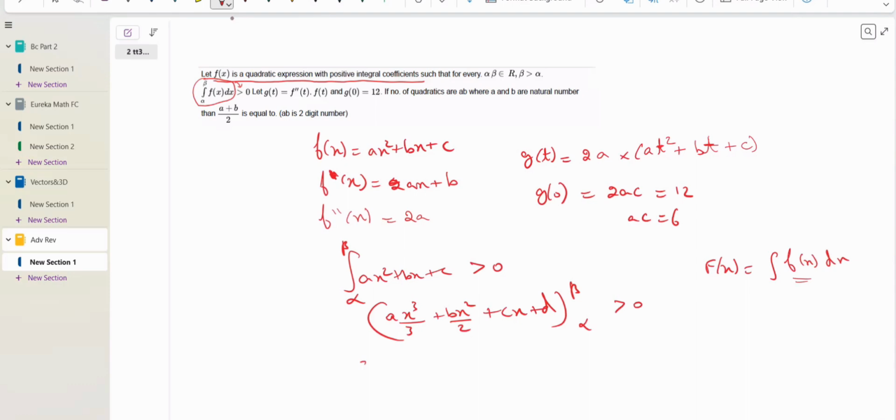Sir, I have an idea. This integral of f of x dx means simply the area enclosed, right? And they say it's greater than 0, so there cannot be any area below the x-axis, because for any alpha to beta they said it is greater than 0.